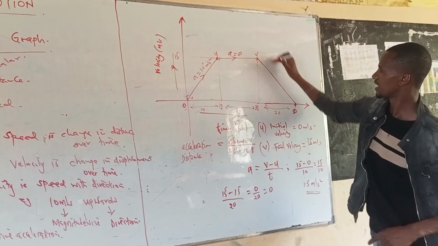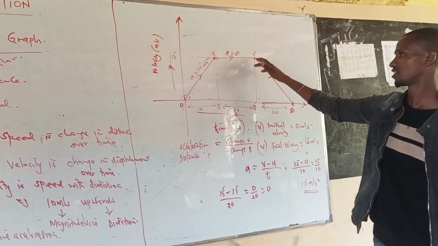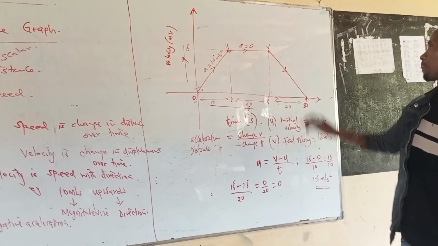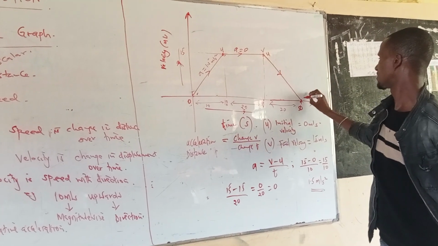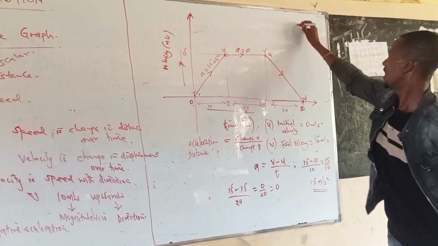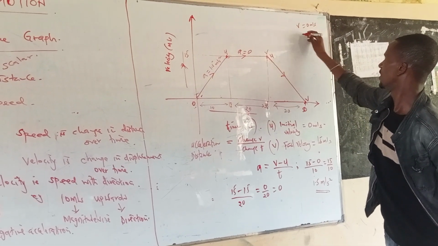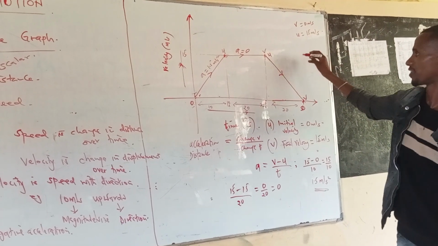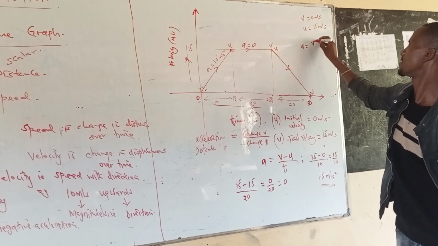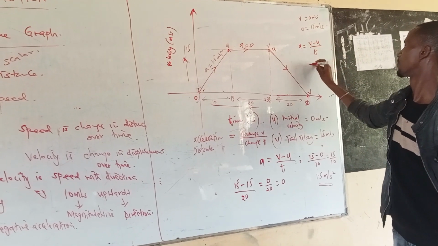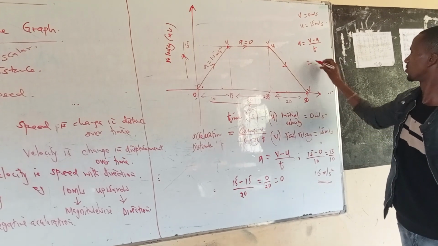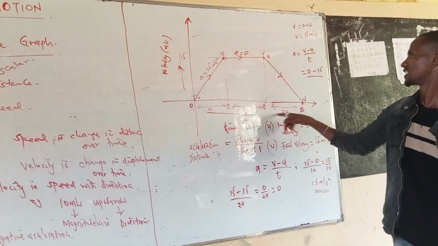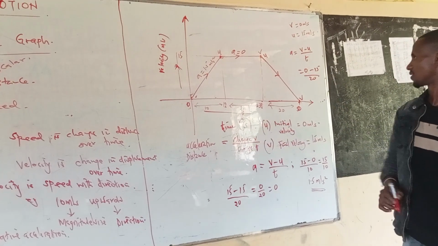And then going downwards, because it is reducing from the maximum to 0, how do we get the acceleration there? This now will be our u, and this is v. So our v is 0 meters per second, and our u is 15 meters per second. Acceleration will be v minus u all over t. So 0 minus 15, divided by time, which is 20, the change in time.